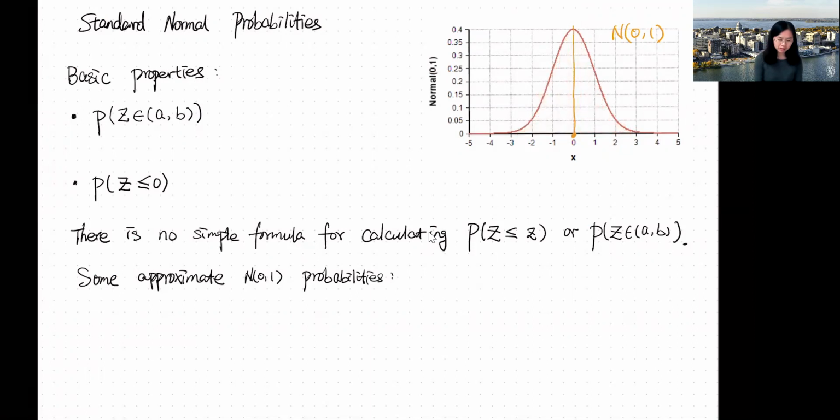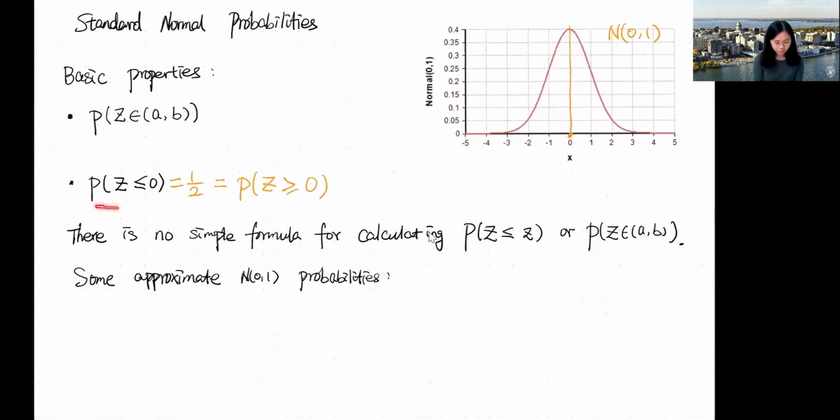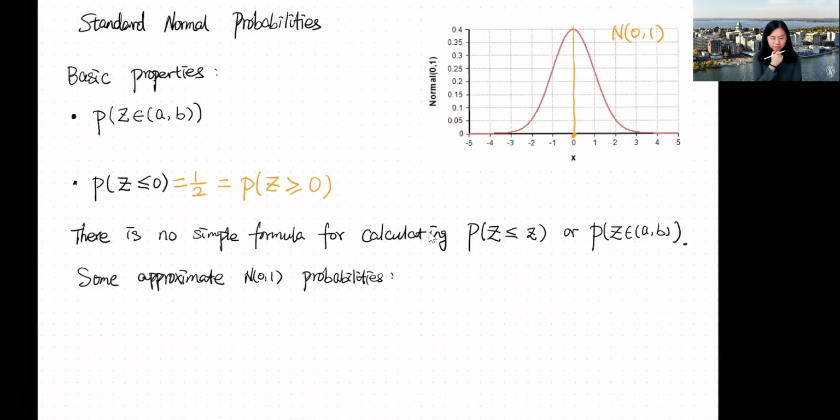So the probability that z is less than or equal to 0 is 1/2, and that equals the probability that z is greater than or equal to 0. Because this is a continuous distribution, it does not matter whether we use less than or equal to or strictly less than, so those do not make a difference. That's one property resulting from the symmetry of the probability density function.